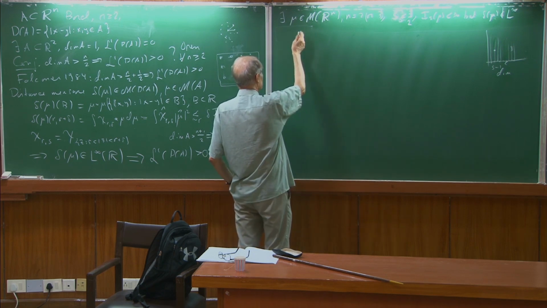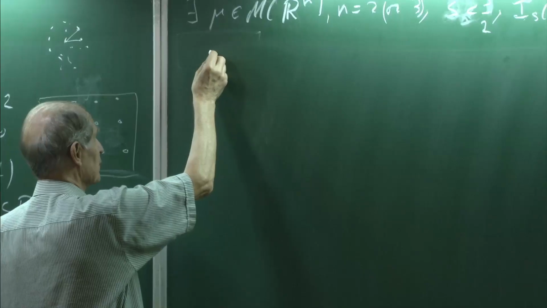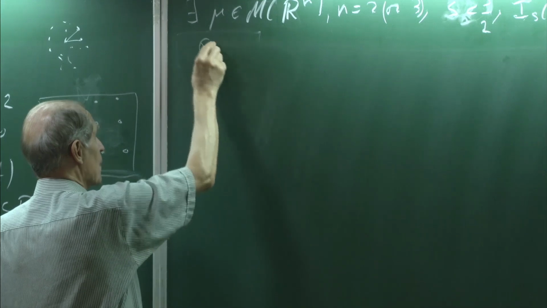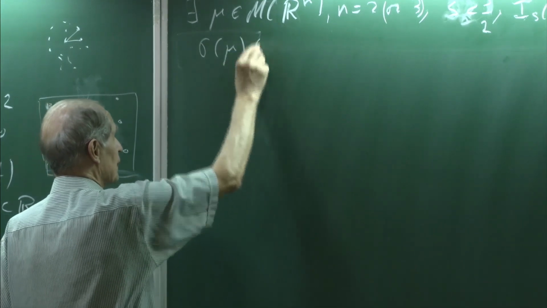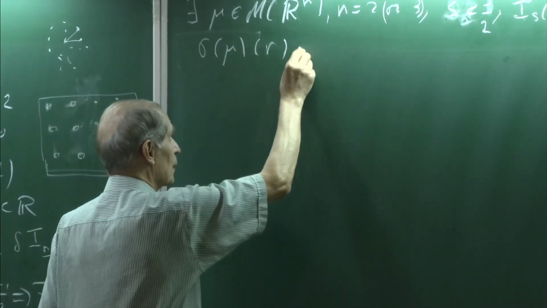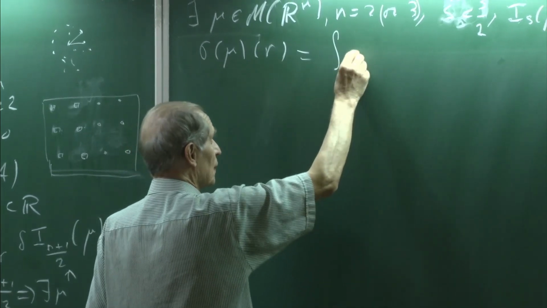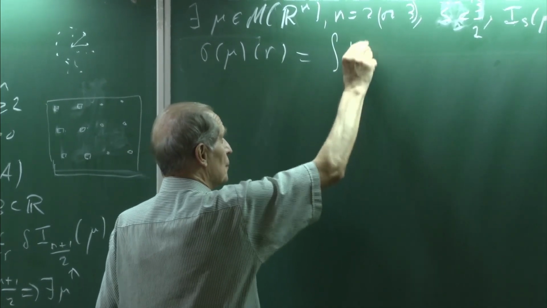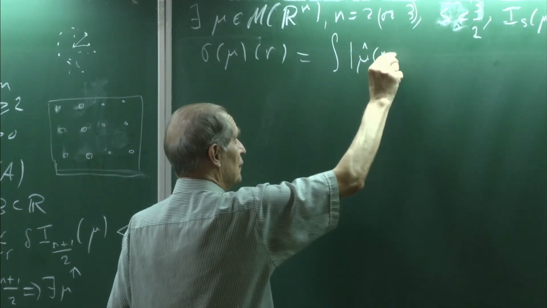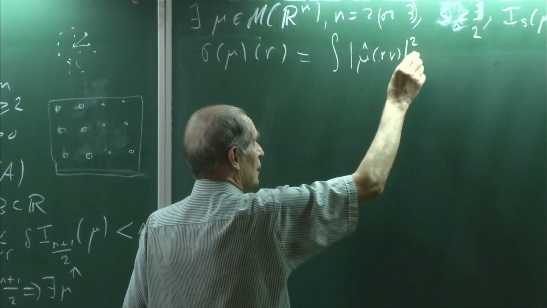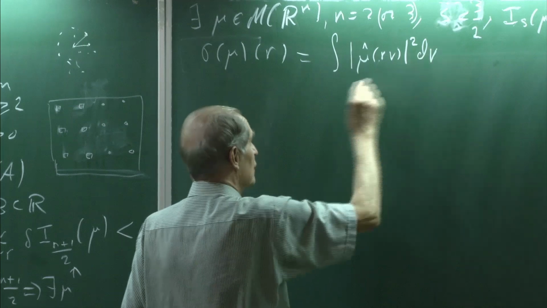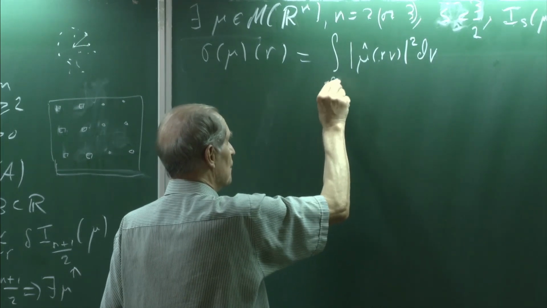So I proved, again in I think 87, that if I look at the spherical averages, sigma mu r, which is the integral of mu hat of rv squared dv over the unit sphere.